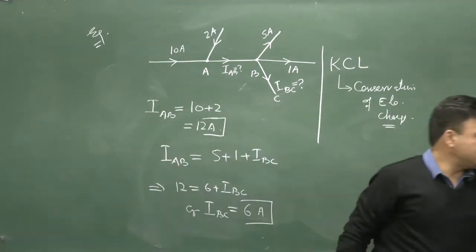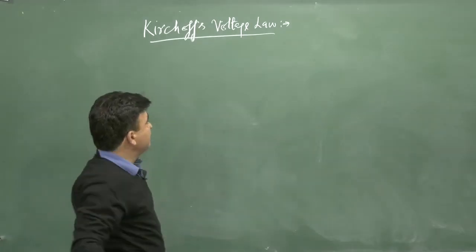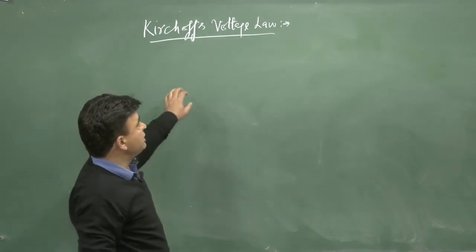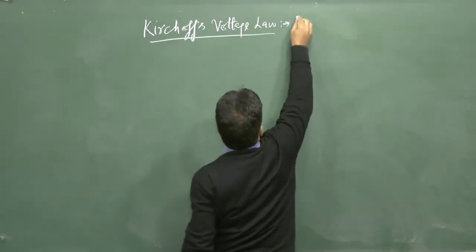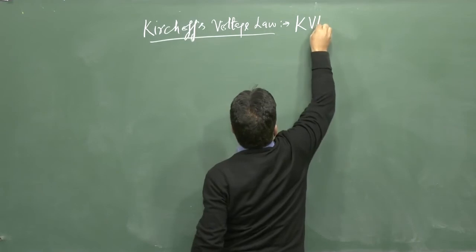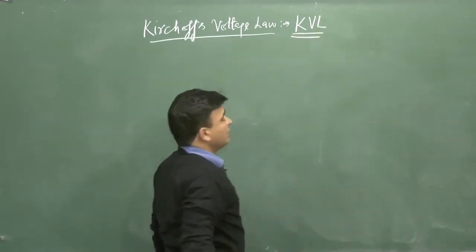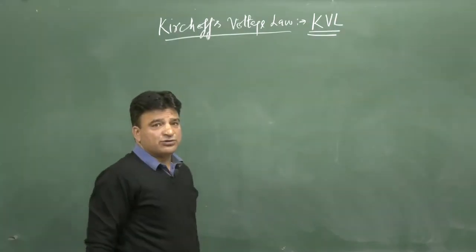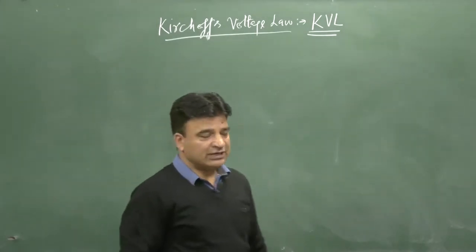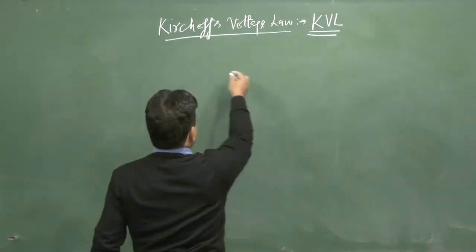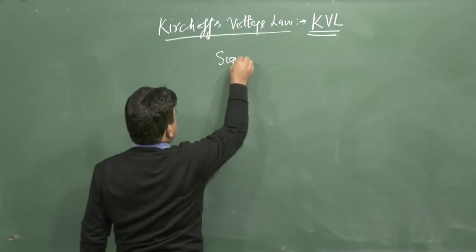Now the second one is Kirchhoff's voltage law, also called KVL. Here we have to go for the sign convention. Let us first of all understand the sign convention used here.